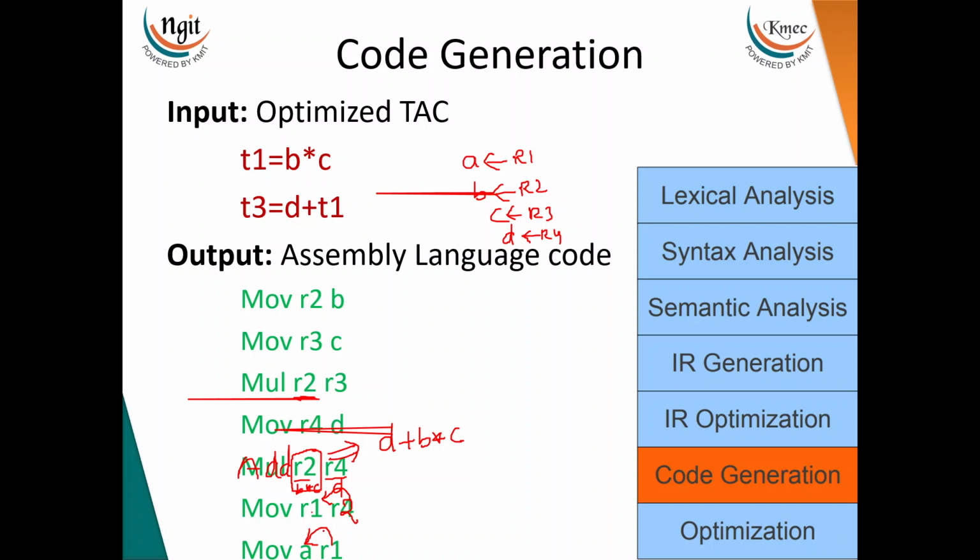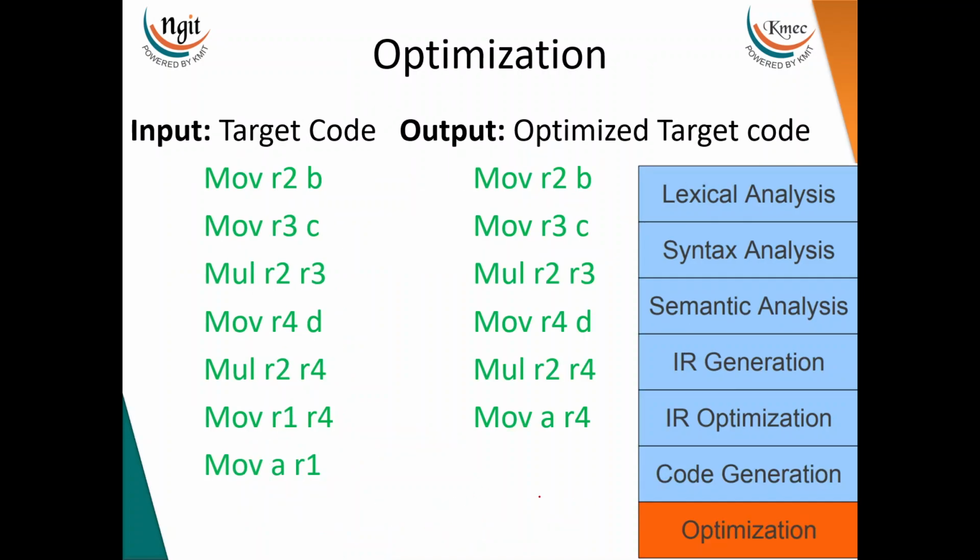What is the need of this redundant statement? You can directly write move A comma R2 because the result is stored in R2. So instead of these two, you can write one. This is called machine dependent optimization. You can write directly move A comma R2, right?